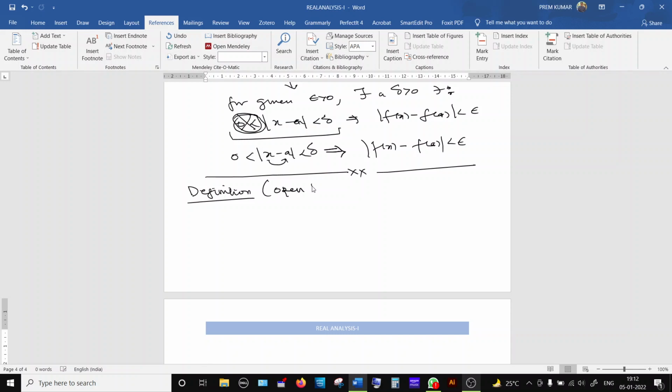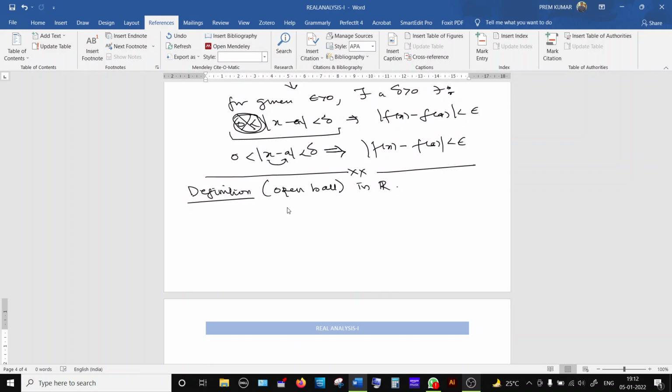What is an open ball? First I will explain what an open ball is in the real line, R1, not R square, R1. Then I can generalize it for a general metric space. So first, an open ball in R. I will first state the definition, then we will discuss the geometrical meaning of an open ball in the real line, in R square, in R cube.